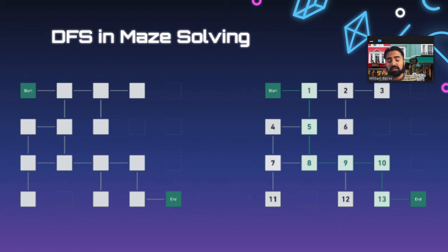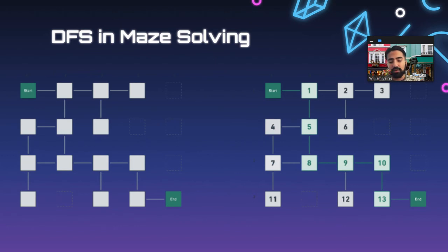DFS is all about abstracting the problem to a graph first. So those grids can be abstracted to nodes, and then using those nodes, we can find that possible path. The first step with DFS is to abstract the problem into a graph.